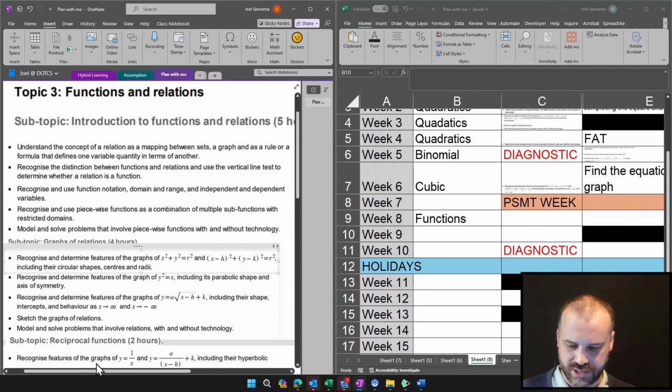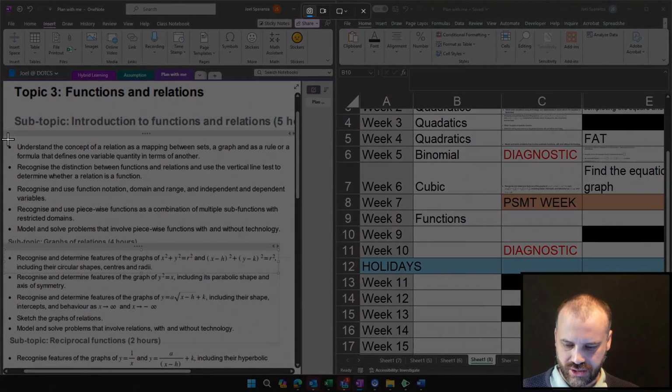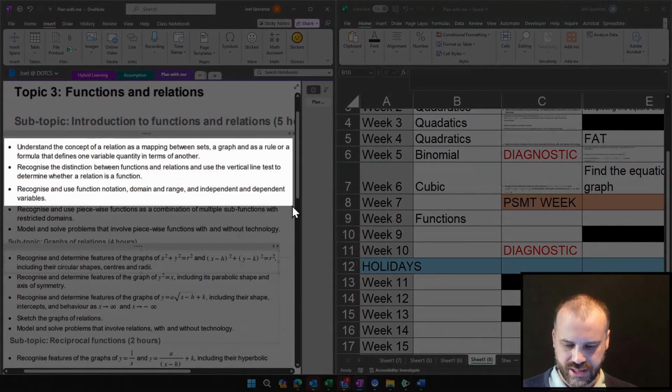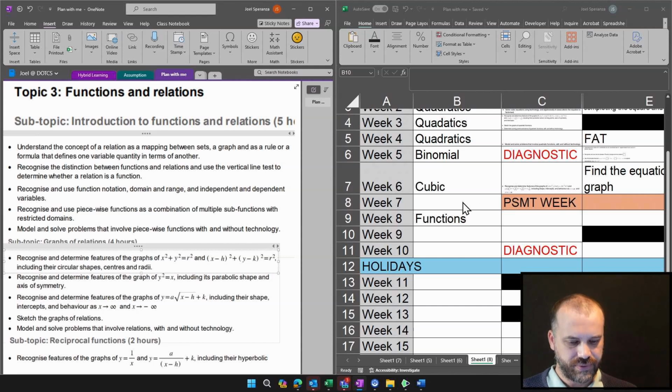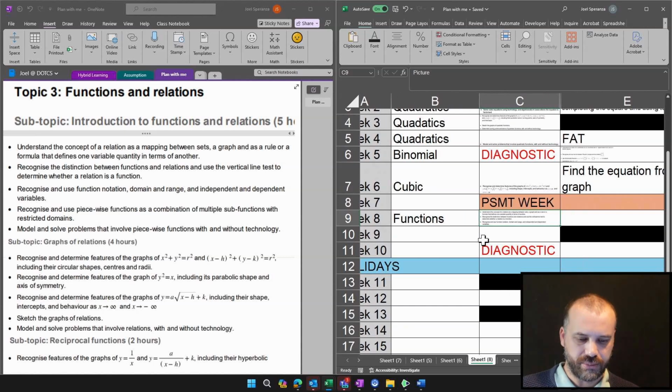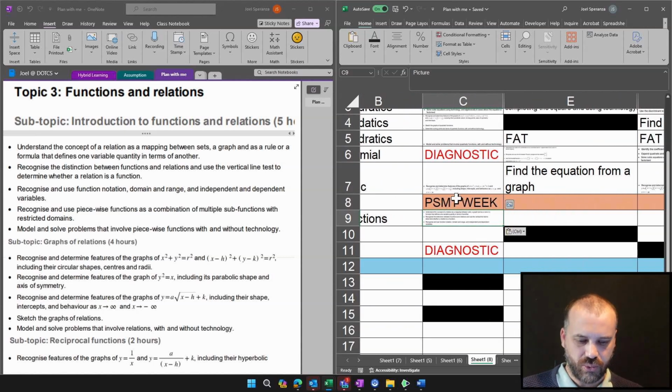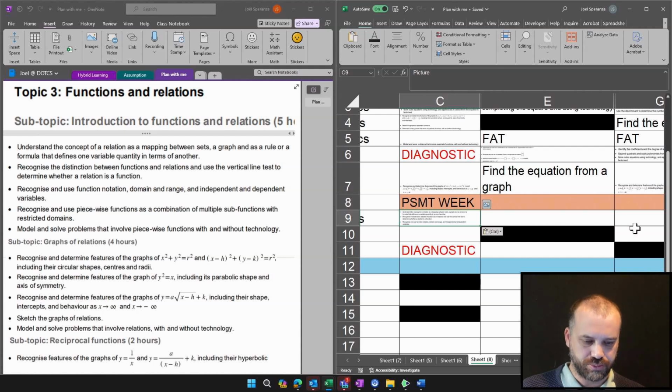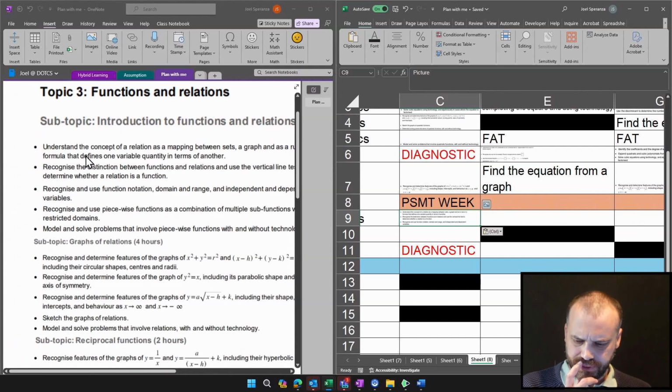It doesn't set them up for success. So I can knock this over in a single lesson as long as I'm clear that I'm not just following the textbook. I'm doing it mindfully. Why am I doing the things that I'm doing? Where do I want it to take them in Year 11 and 12? If you were following the textbook, you could probably spend a week on this piece alone.